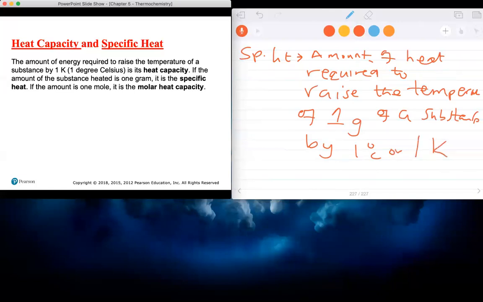It's the same thing. 1 degree Kelvin or 1 degree Celsius is the same thing. That's how you define the specific heat.